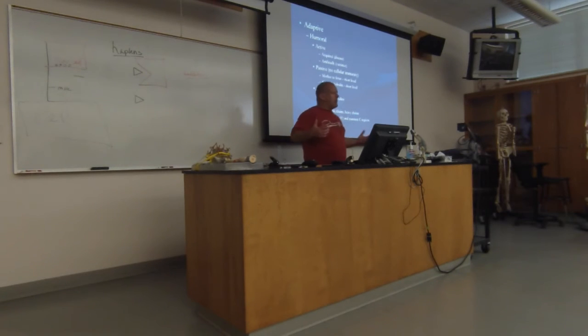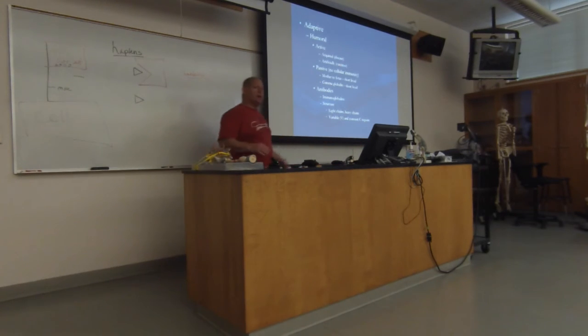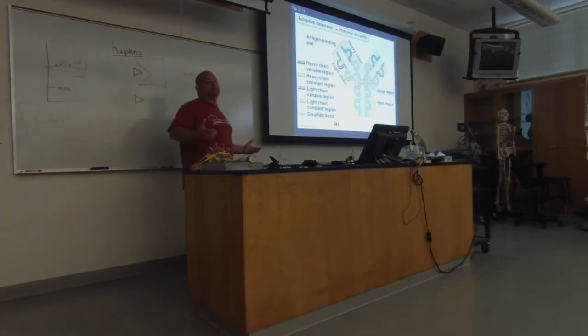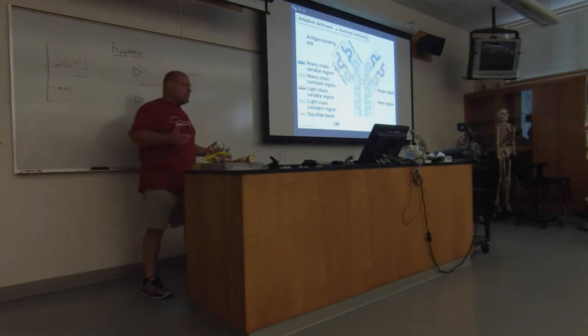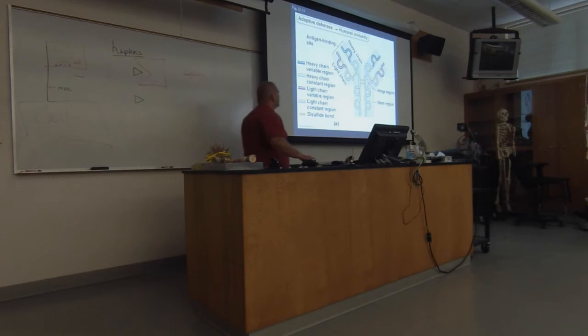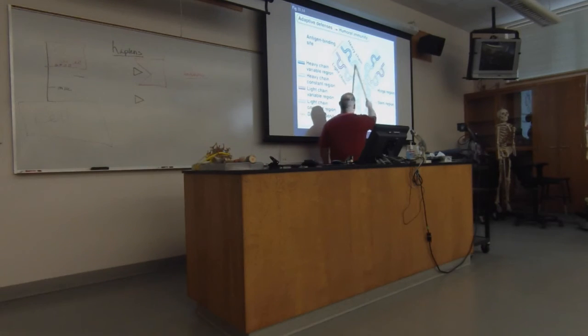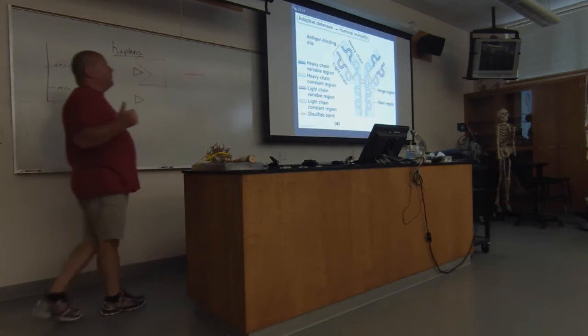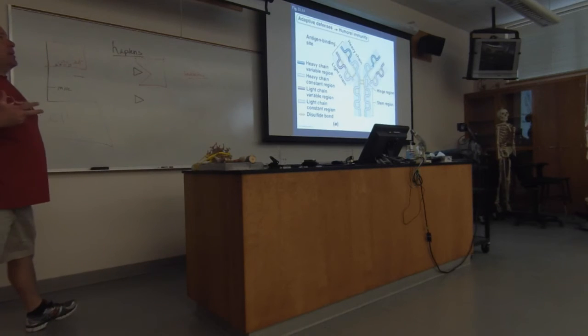Now we've been talking about antibodies, so let's look and see what antibodies are. Antibodies are these structures that look like a big giant Y. Now, there are 5 classes of them, and the classes are named based off of this area here. They come from the Greek letters mu, alpha, delta, gamma, and epsilon.